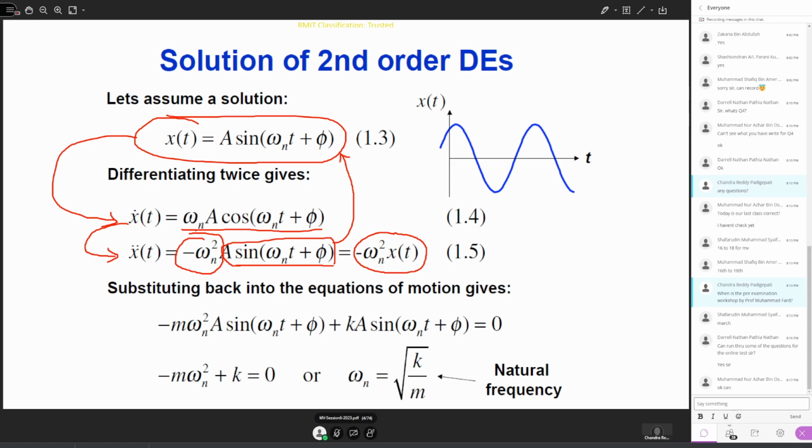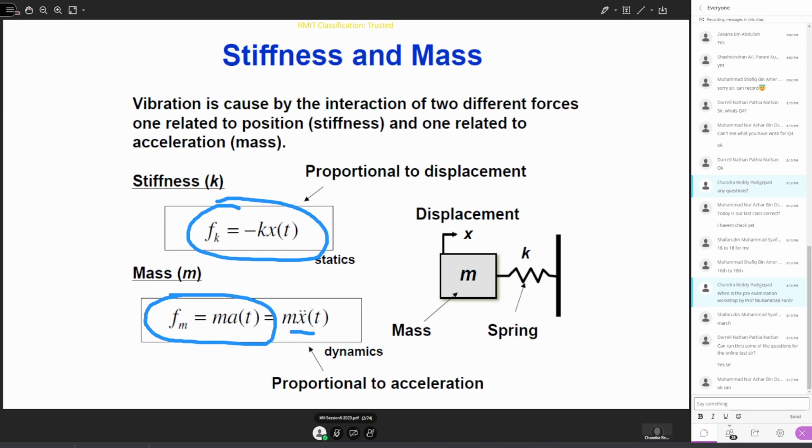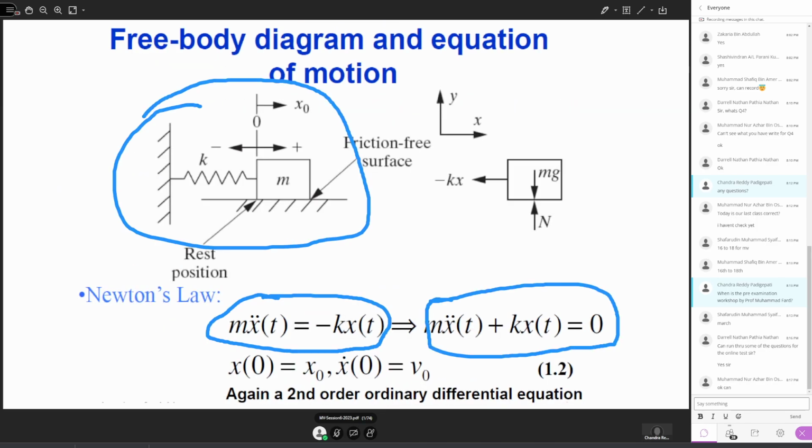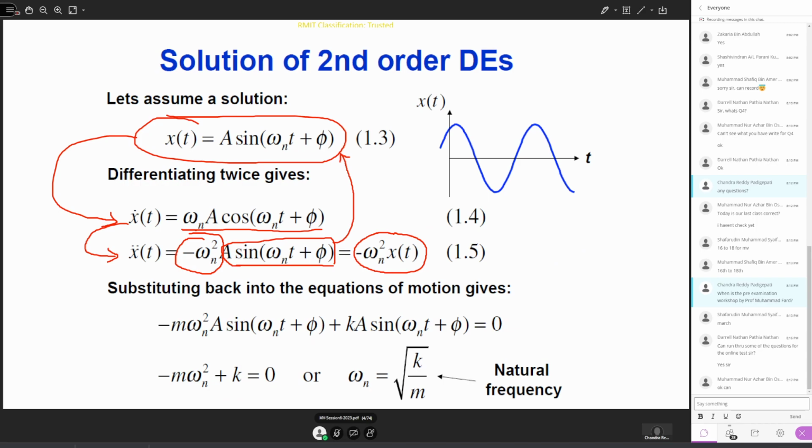Okay, so now substitute these values into the equation of motion. So you get m into x double dot plus k into x is equal to 0.